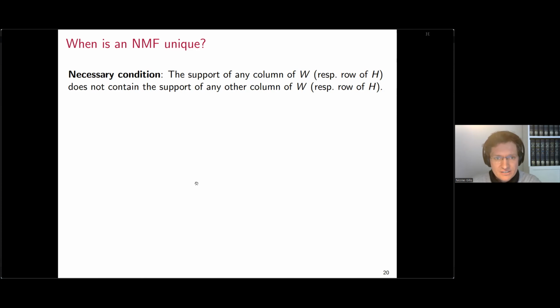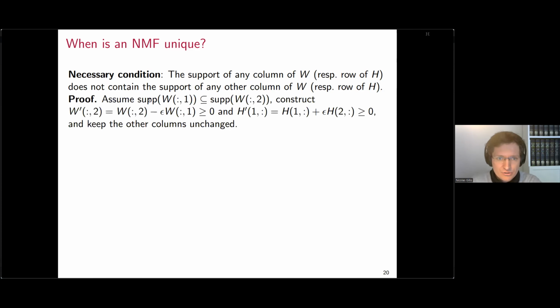Because if the support of one column is contained in the support of another column, for example, the support of the first column is contained in the support of the second column, then you can construct another factorization by constructing a new column W prime, which is the second column of W minus a little bit of the first column, because the support of the second contains the support of the first.